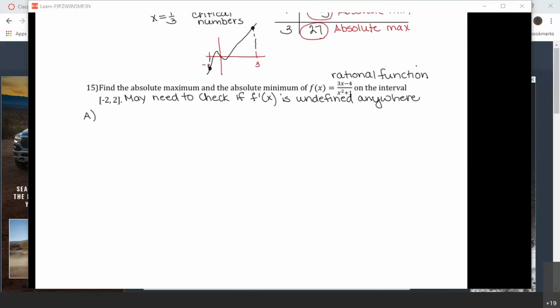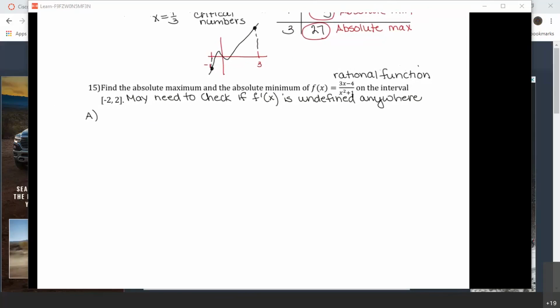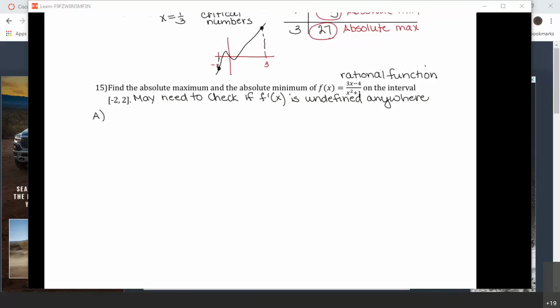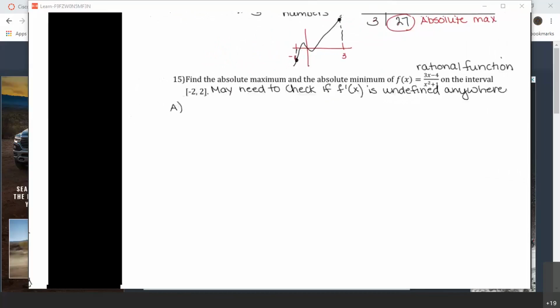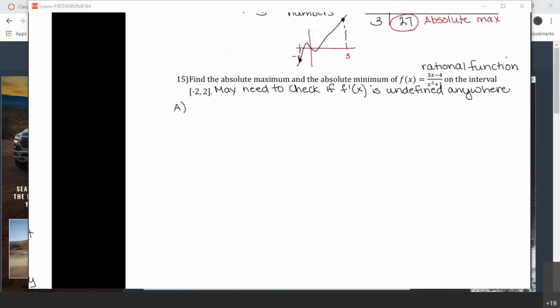So let's check. So again, if you take a look at this function, you can see it's a quotient. There's no real easy way to get around that fact. So in other words, what I'm saying is I can't do anything algebraically slick to turn this into something easier to work with. So I'm going to use the quotient rule.